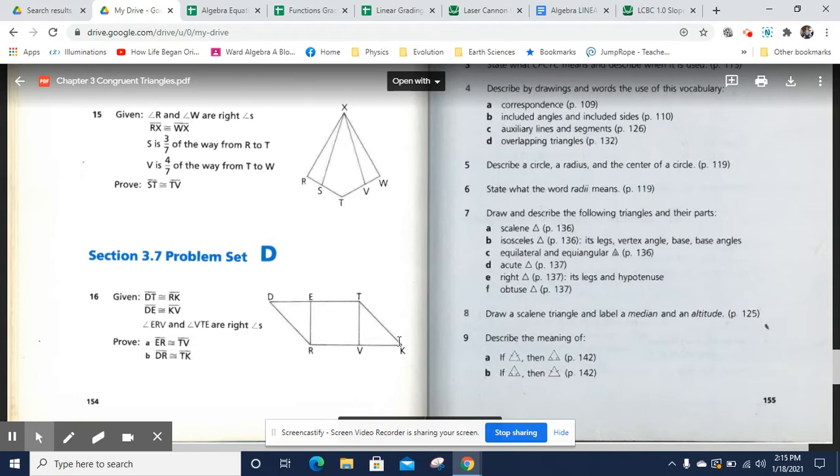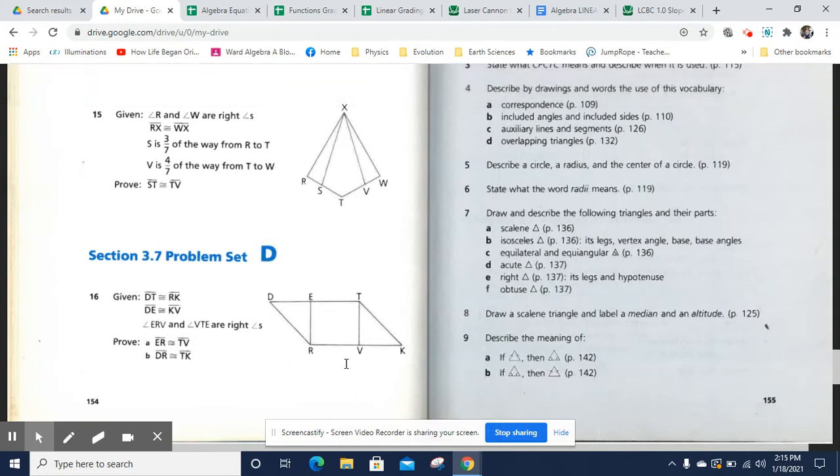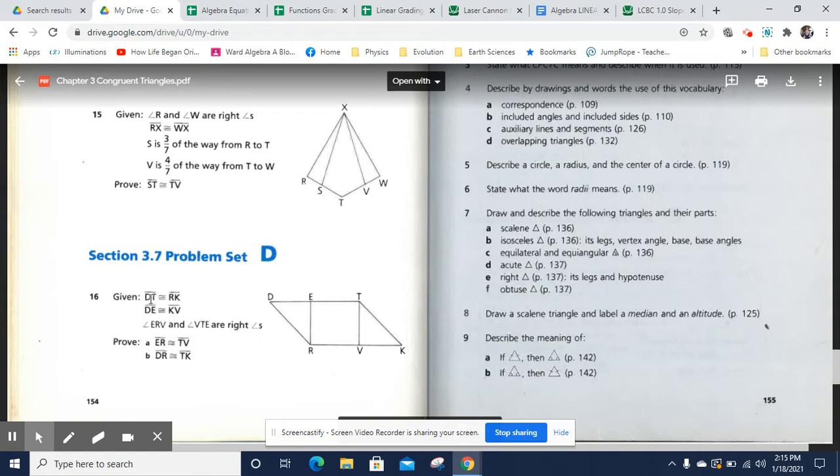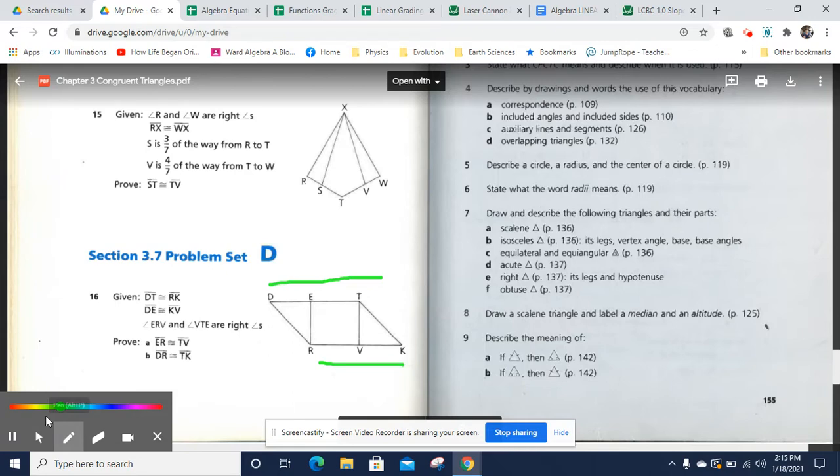We've got what looks like a parallelogram, and probably will be a parallelogram once we prove some things. But we are told that DT and RK are congruent. So let's start labeling things that are congruent. We know that DT and RK are congruent. We also know that DE is congruent to KV.